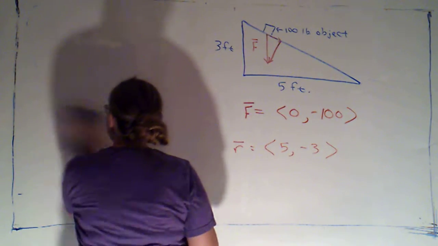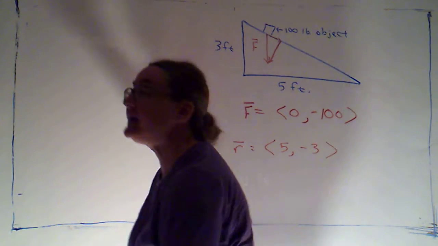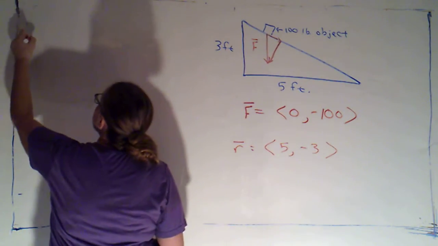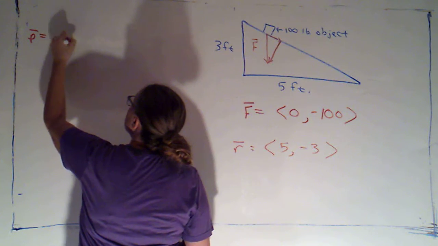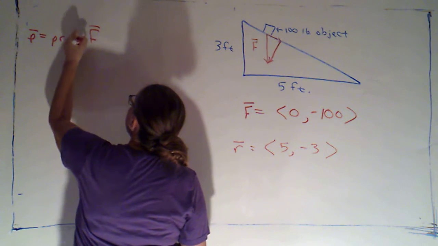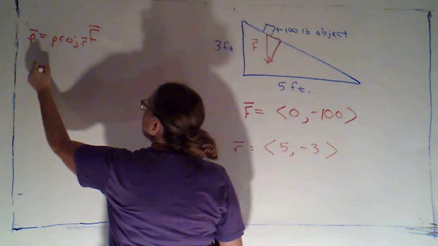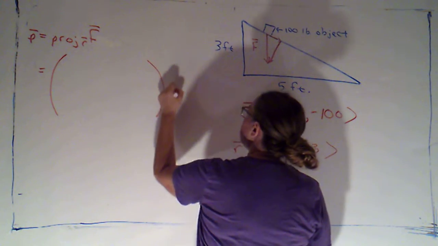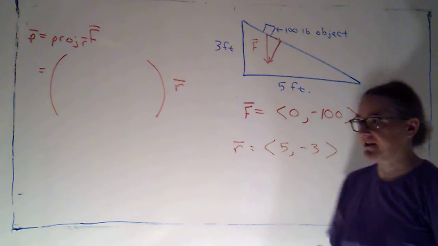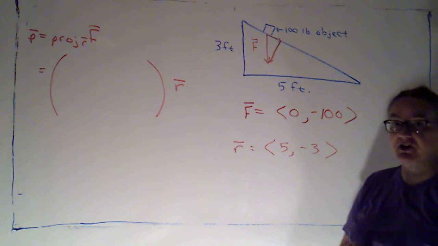I just have to remember to use the formula for projecting onto an arbitrary vector. So P, which is the projection of F onto the ramp, is going to be a multiple of the ramp vector, because the ramp vector gives me the right direction.